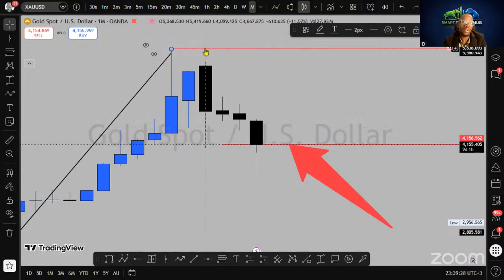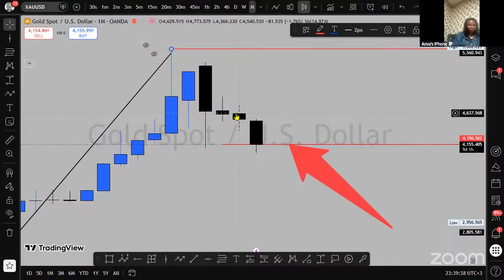Right now, gold has been going down because of one thing. For me, the reason is the correlation that it has with the dollar. I remember Mr. President, Mr. Trump said he's going to flip the dollar like a yo-yo, the way he wants it.